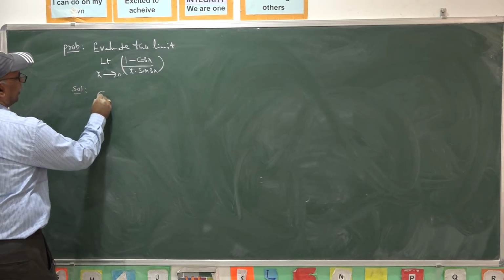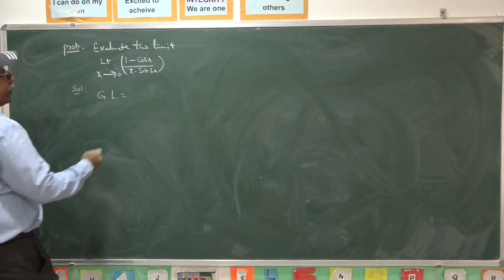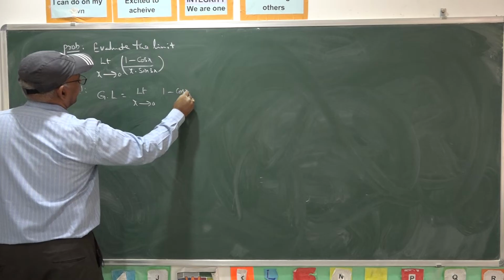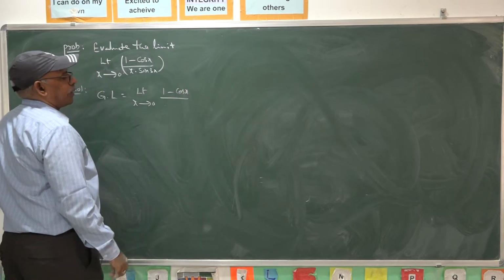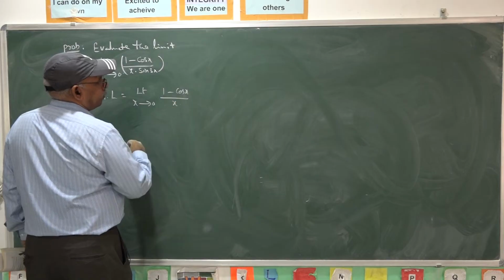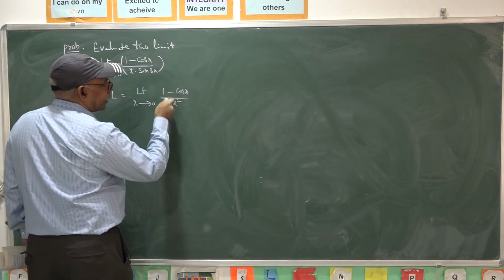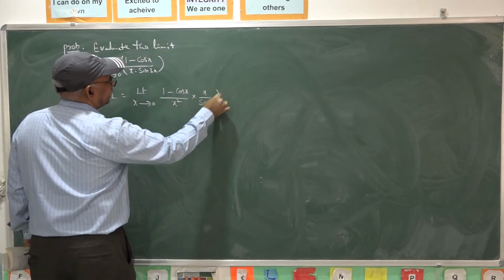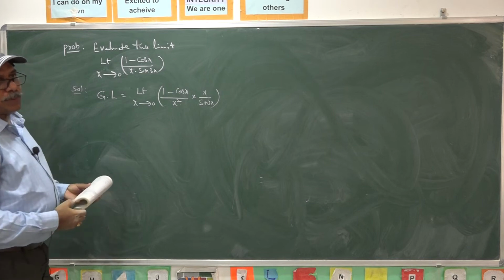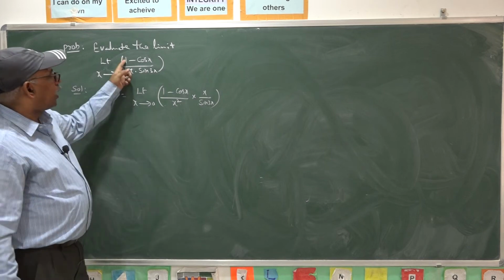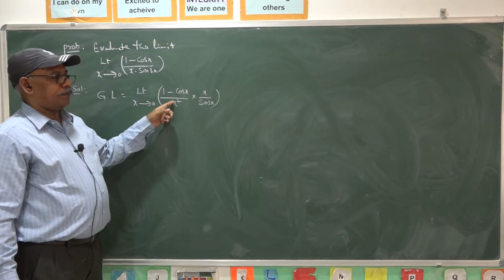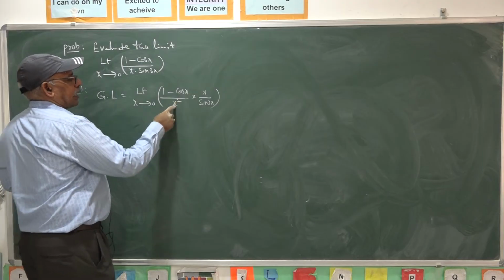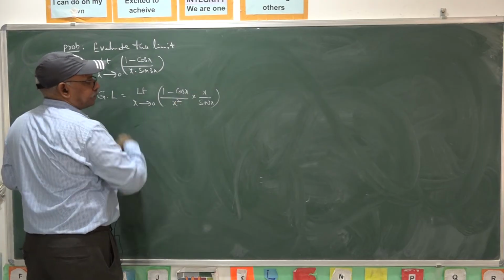Now the given limit is, limit x goes to 0. I will write this given limit as 1 minus cos x by x square, to make it finite, into x by sin 3x, because x cancels and we get only x here.